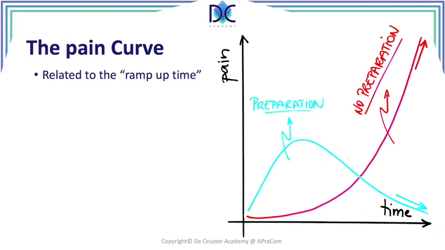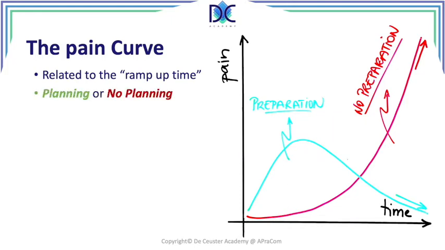Preparation is different. We invest more time in the beginning, but we gain that time at the end. Basically, people are afraid of the ramp-up time. They want to start working immediately. And when you do the planning, the ramp-up time, you don't see anything being done. People don't like that. So typically, they want to start working.